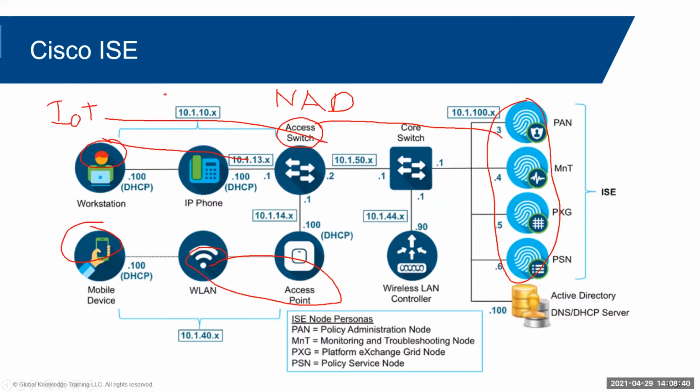So this protocol is 802.1X that works with RADIUS. So the NAD talks RADIUS to ISE, Internet of Things, and all our devices connect in. That talks 802.1X over here. 802.1X is the first line of defense to gather username and password and send it to the NAD.